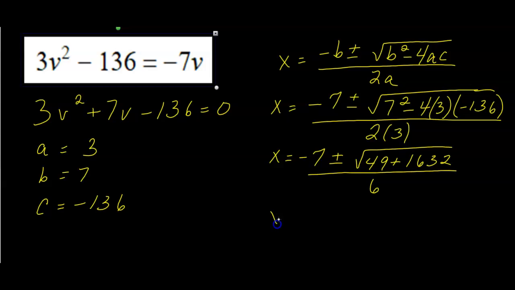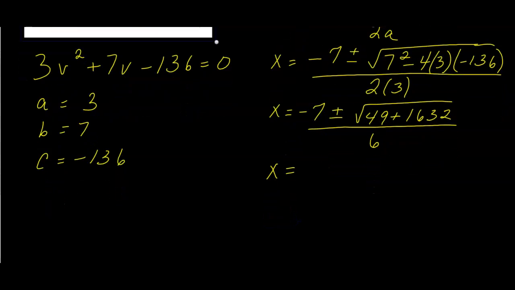All right, continuing to simplify here, x equals negative 7 plus or minus. Now you're going to add your 49 and your 1632, and you get 1681. That's still under the square root, and it's all over 6.